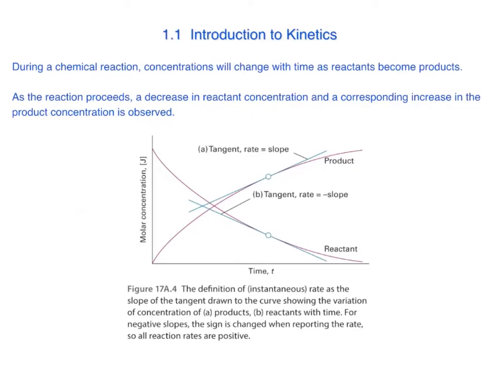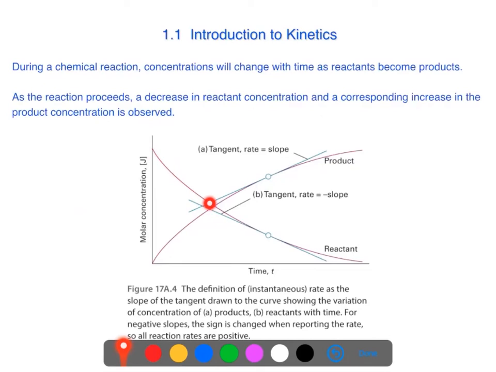That's shown in this figure below: if we were to follow the concentration of a reactant over a period of time, as it decays from its initial concentration to some lower concentration, we would expect a concomitant increase in the product concentration.